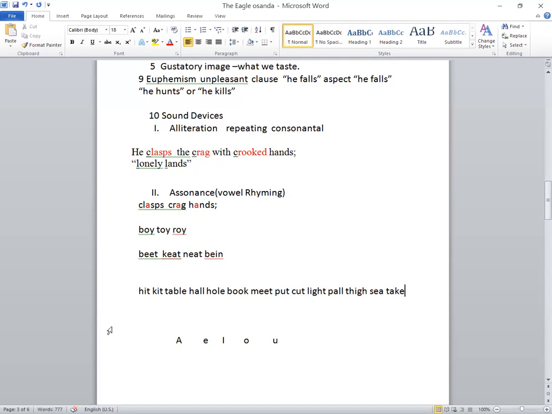Try to match the couples: words which have similar vowel sounds. That is assonance. Match it. I will give you 3-4 minutes.